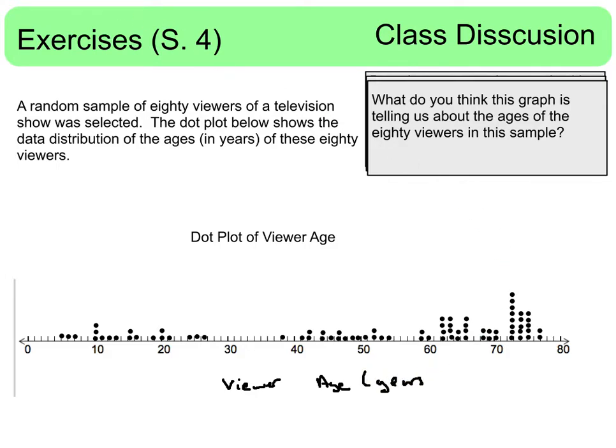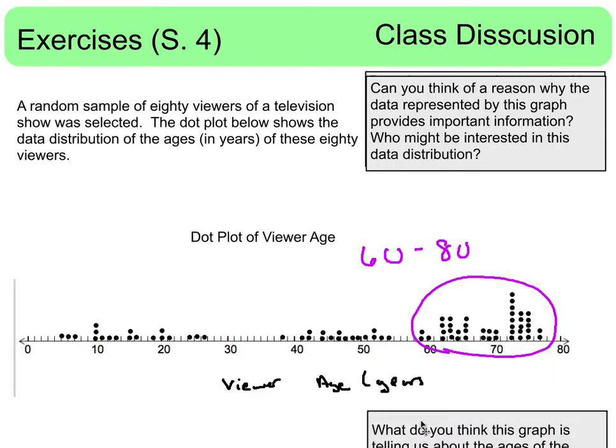Looking at this, we might say that the most popular viewing age seems to be somewhere between this area where the bulk of our data is. So we might say typically our viewers are between the ages of 60 and 75-ish. We'll just call it all the way up through 80. It's where the bulk of our data is sitting.